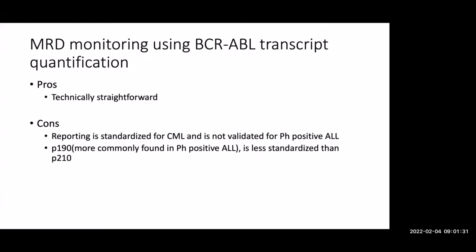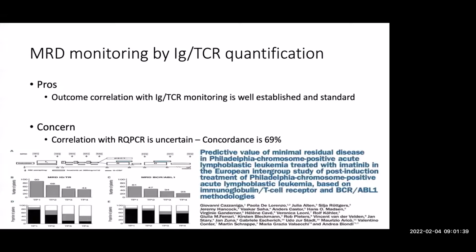And the other issue is P190, which is more commonly found in Ph positive ALL, is less standardized than the P210 transcript type. If we compare the MRD monitoring between RQPCR and the immunoglobulin TCR monitoring, what has been found is that the concordance between the two is only 70%.